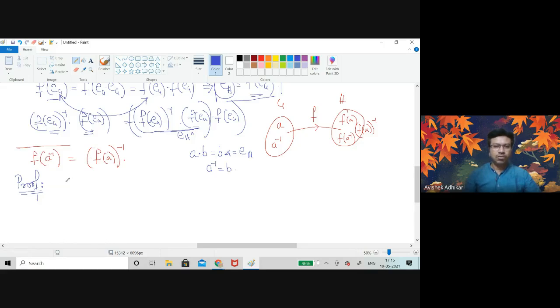What you need to show is that F(A) into F(A inverse) should be equal to E of H, and the other way around, F(A inverse) into F(A) will be equal to the same thing, E of H. Consider this to be A and this to be B. If A whole inverse equals B, what is your B?